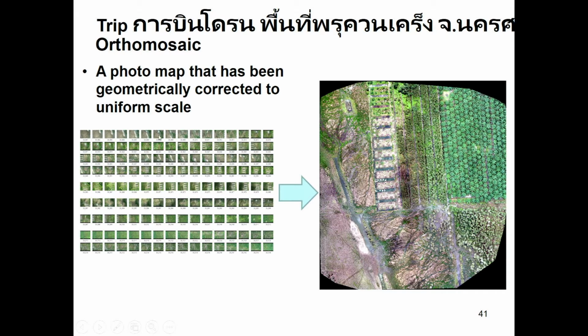And then the output that you get is only this, a small image like this, but you have to use special software to mosaic the image, which means connecting the images together. The software will mosaic the images together, and you will get this image from the UAV.